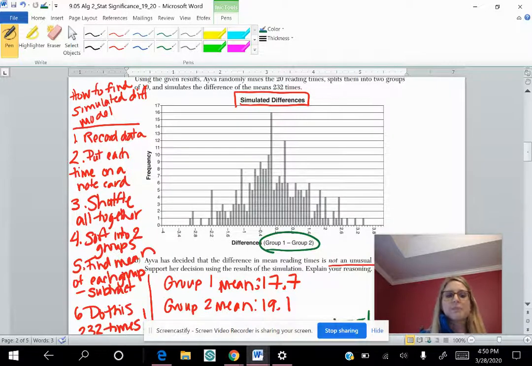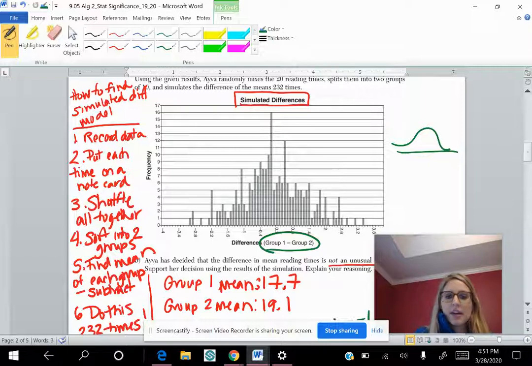Shuffle them all together, split them into two different groups, find the mean of each group, subtract them, plot it on our graph. And then eventually we end up doing that 232 times, and this was the graph that we got. So again, as you do more and more of these, it should start to look more and more normal, meaning that nice bell curve.